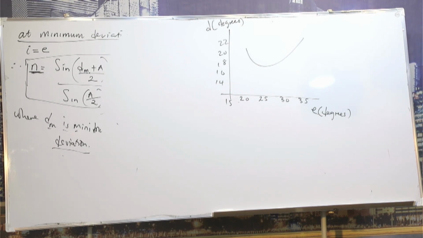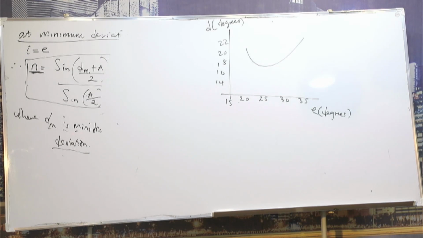Look at the question. They said, the figure below shows a plot of angles of deviation through a glass prism when light is incident on the prism.